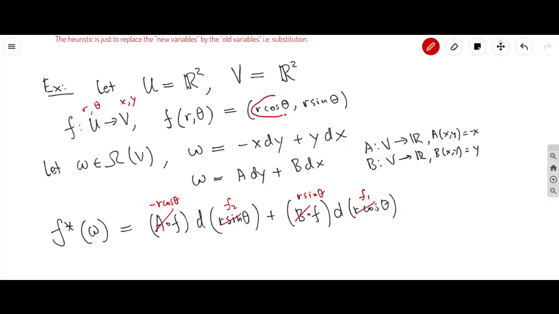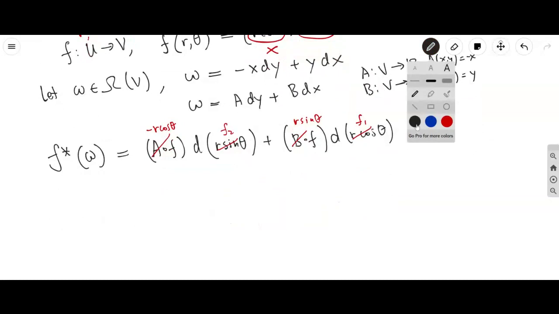This is what x gets replaced by, and this is what y gets replaced by. So where you see the x, you're going to replace it by negative r cosine theta, and when you see the y, you replace it by r sine theta. And then these differentials: d of the y component function, in this case r sine theta, and the differential applied to the x component function, which is this. So that's the heuristic. You're basically just replacing one set of variables by another set of variables.